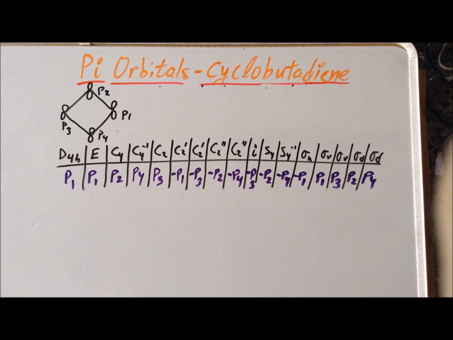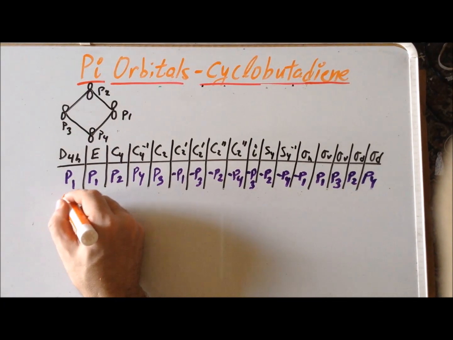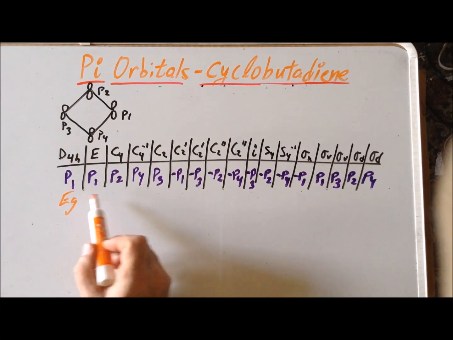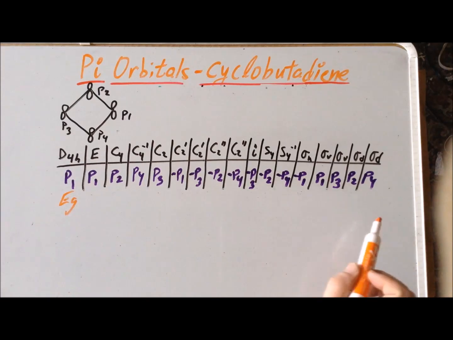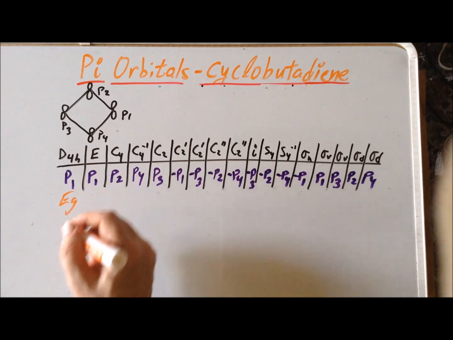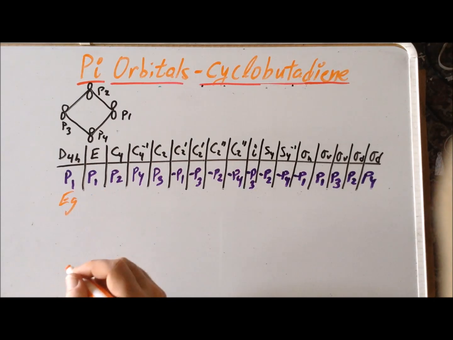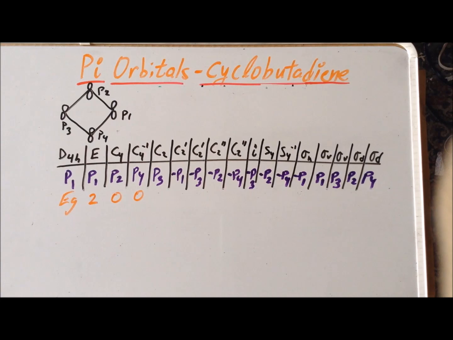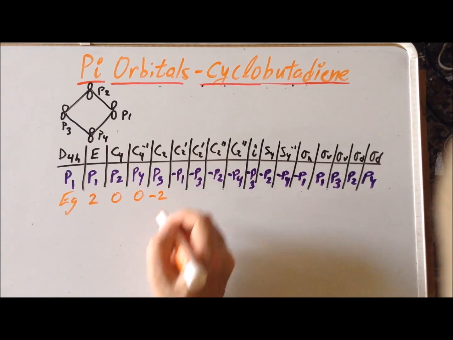Our last two molecular orbitals belong to the EG combination. So again, for sake of convenience, let's write down the characters for the irreducible representation EG in this second row. The character for E is +2. The characters for the C4s are all zeros. The character for C2 is -2.